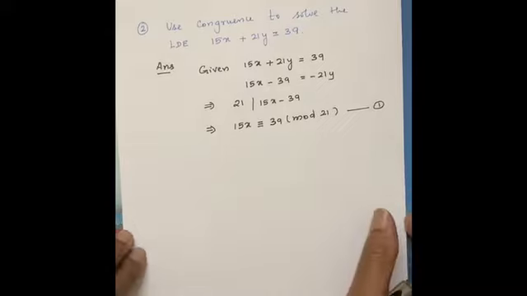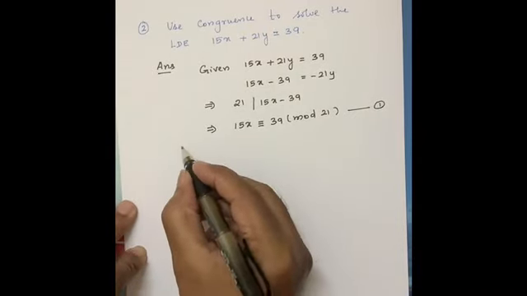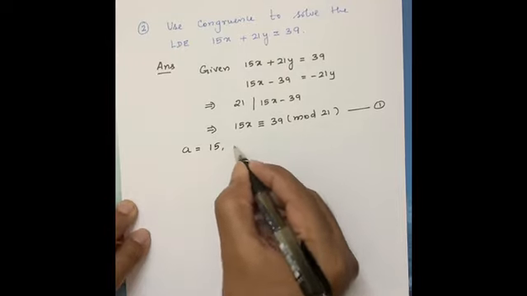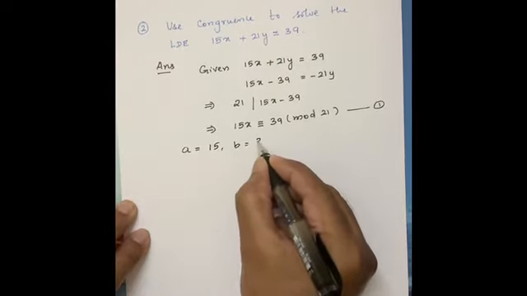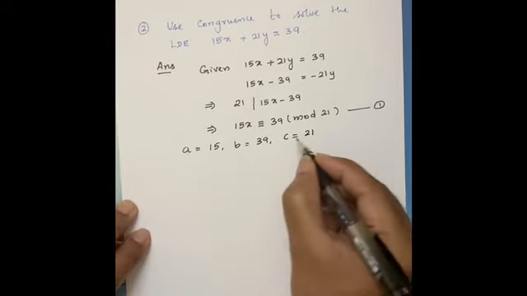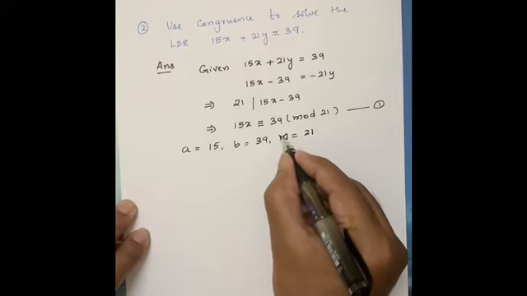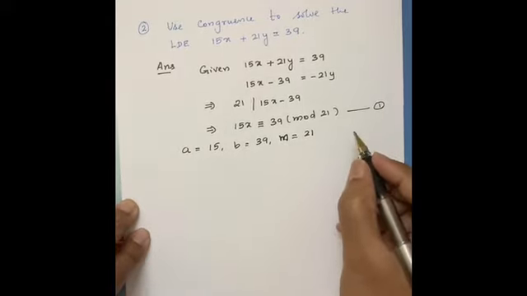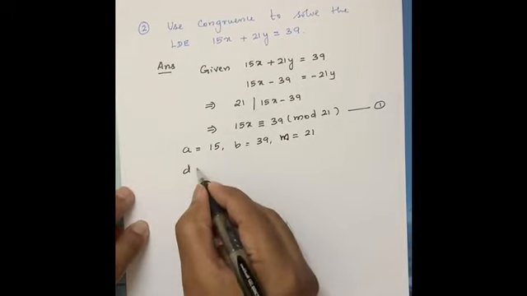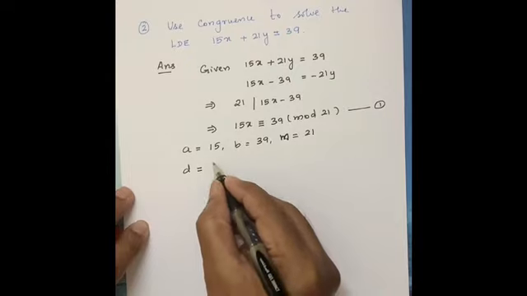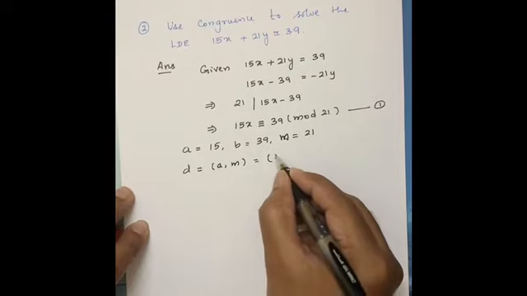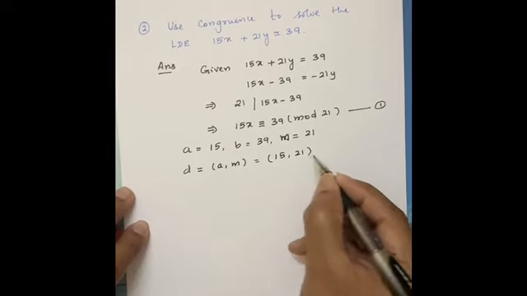Okay. Now as usual we are solving this. What are the values here? a equal to 15, b equal to 39, m equal to 21. So now we are finding d. d is the greatest common divisor of a and m, which is gcd of 15 and 21.